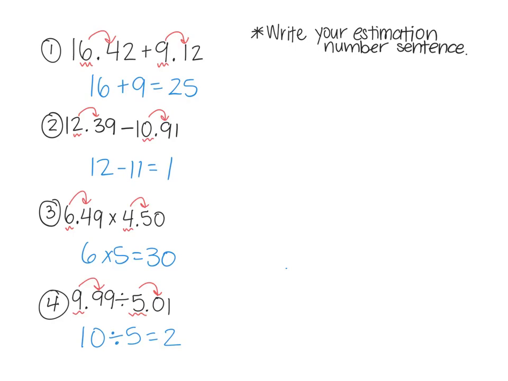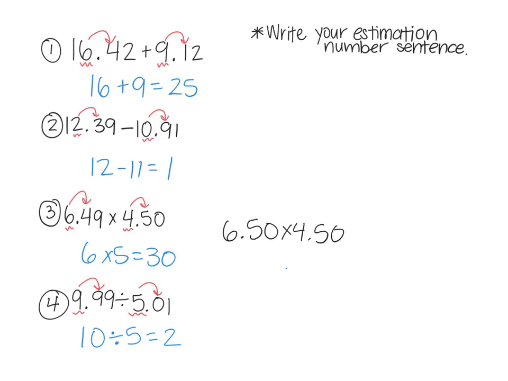One thing I want to highlight. Notice how every time I rounded to a whole number. Even though, for example, on number 3, I could really easily round it to 6 50/100ths and 4 50/100ths, it's not as easy for me to quickly figure this out in my head.